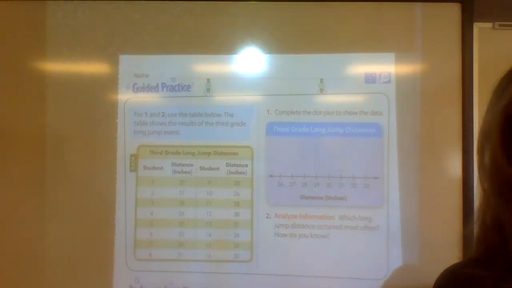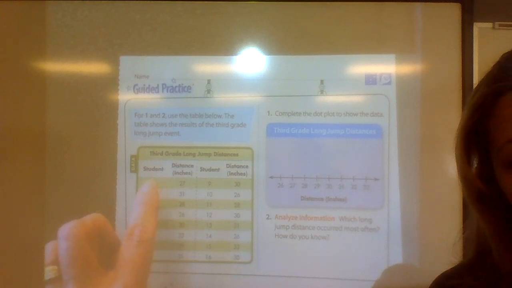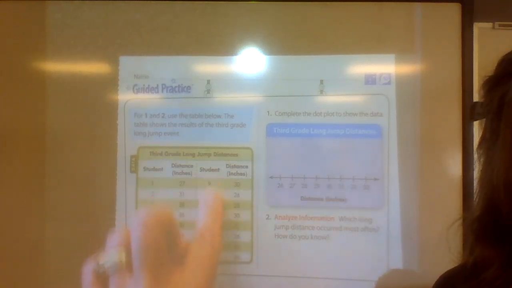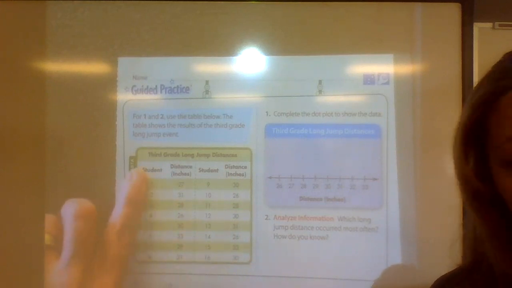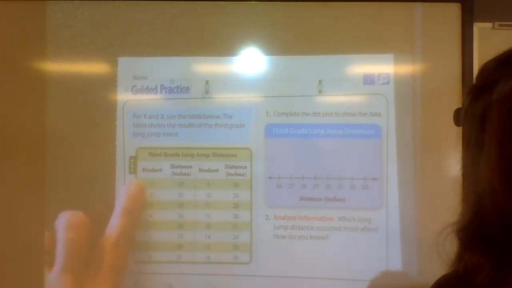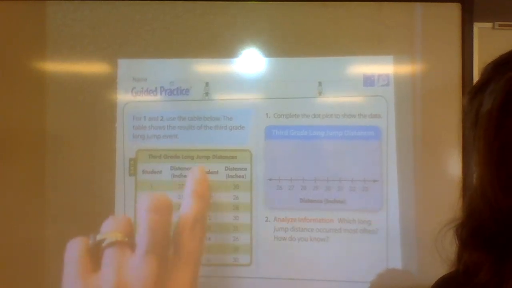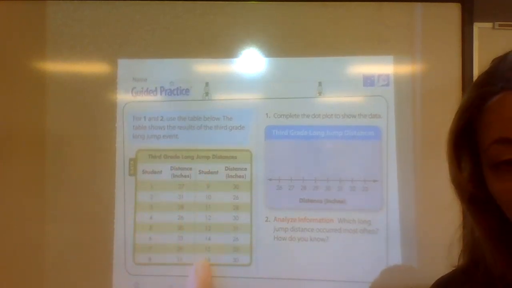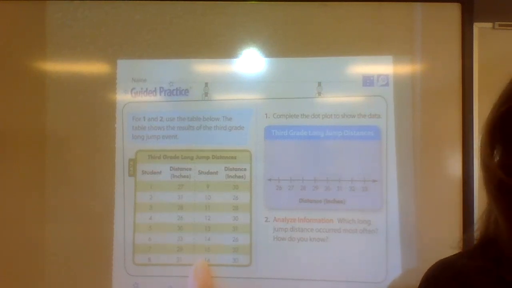What happens in third grade with these is students get confused with these numbers and these numbers. This represents student number 1, student number 2, student number 3. This just represents the number of students that jumped and the number of students that we collected data for.